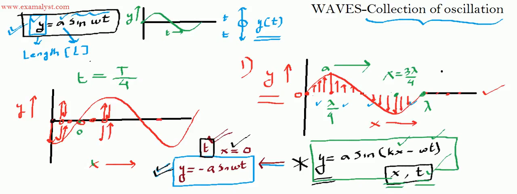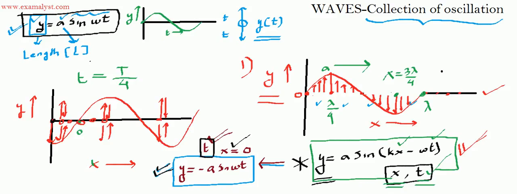So consider any particle on the rope, and you find that these particles will undergo a simple harmonic oscillation. It means the wave equation carries the simple harmonic oscillation of all the particles which are on the rope.